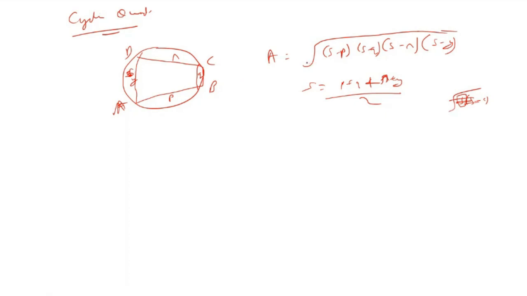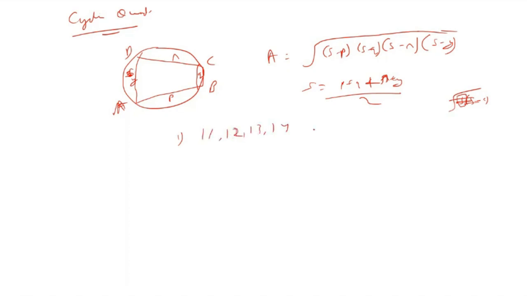This people know. What a lot of people would not realize is that a cyclic quadrilateral has the largest area among all quadrilaterals if the sides are given. For example, if you're asked that there's a quadrilateral, you're not told what quadrilateral it is, with sides like 11, 12, 13, 14, find the area of the largest quadrilateral that can be made with these sides.